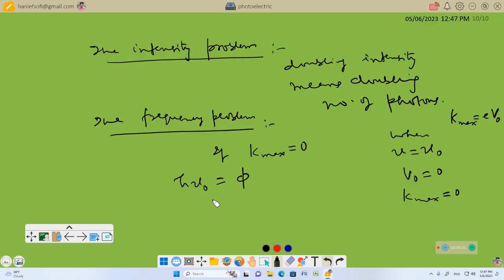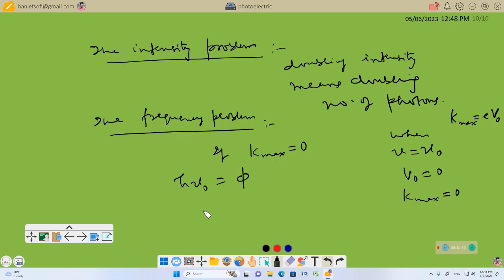So h nu naught is equal to phi. Now what does that mean? That means if your frequency is equal to the threshold frequency, then the photon has just enough energy to eject photoelectrons and no extra energy to appear as kinetic energy.